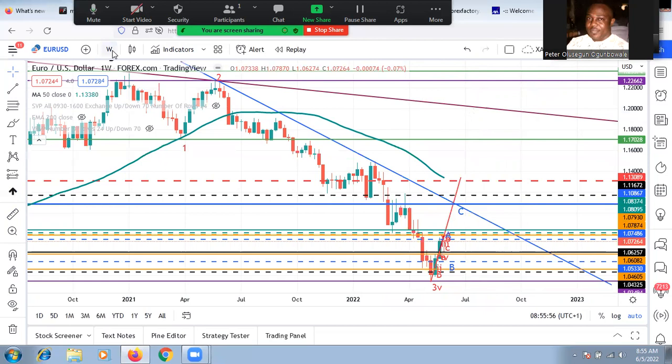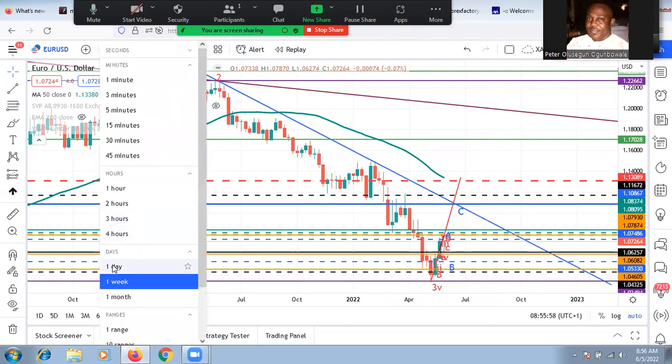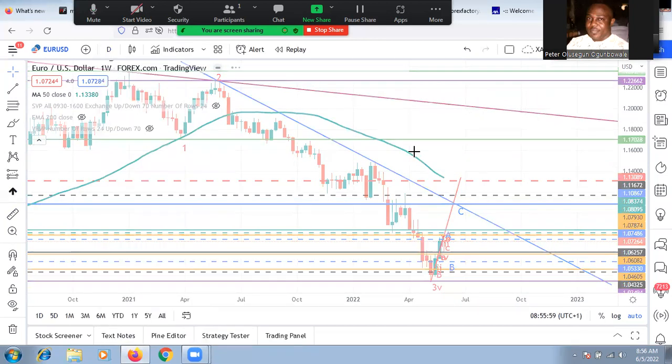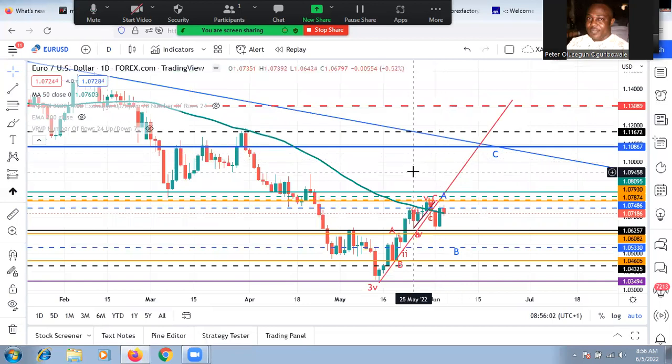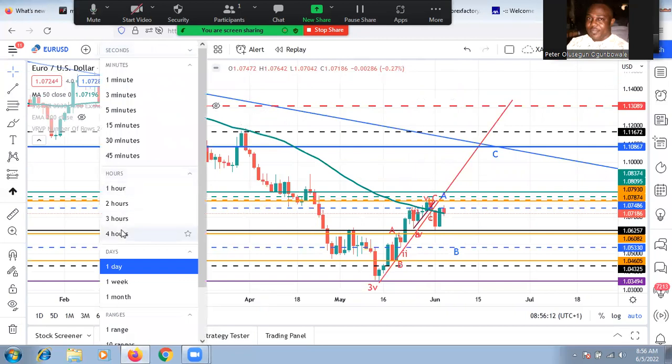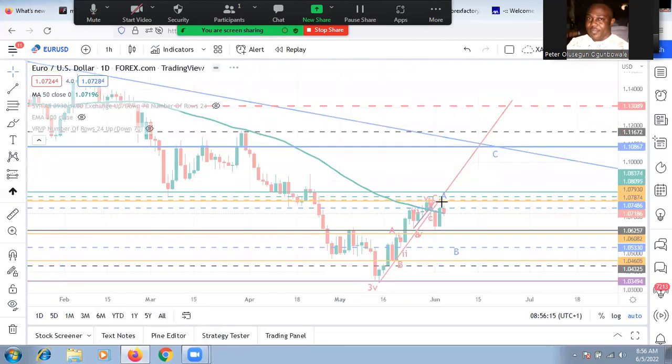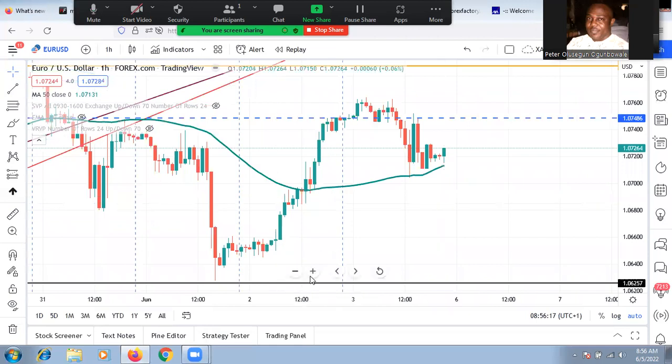So let me now switch back to the daily time frame. So now looking at the daily time frame, let me confirm where exactly price stalled.